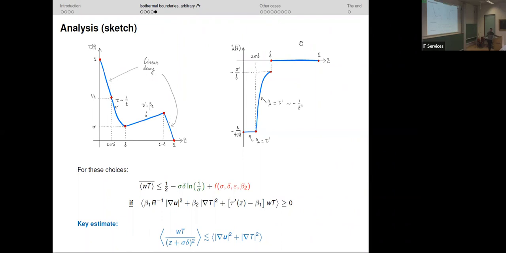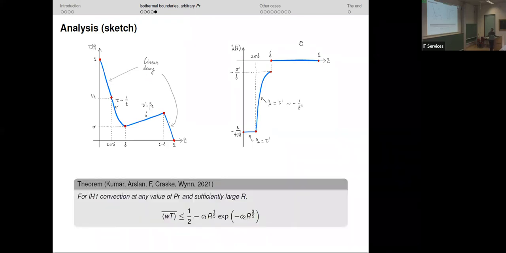But if you use it, you can, and you discover that the best thing you can do is make this positive term here in red scale as sigma times delta times Rayleigh to the 3/5. So now if you want the green term here, sigma delta log of 1/sigma, to dominate the bad term, you'd better take sigma to decrease exponentially so that you can eat up the negative terms, and that's where the exponential bound comes from.